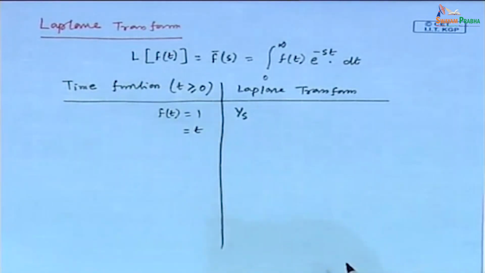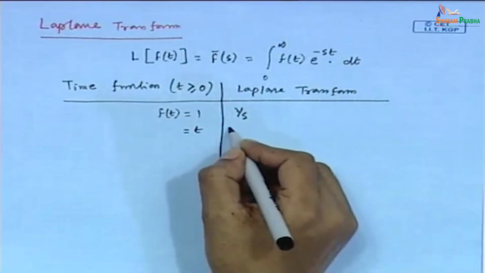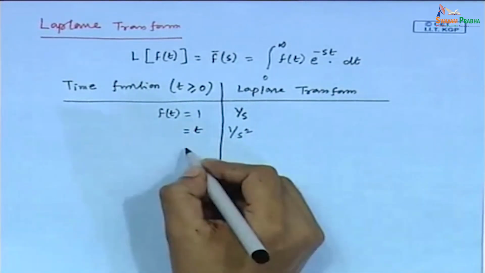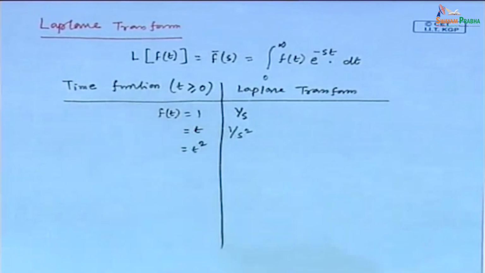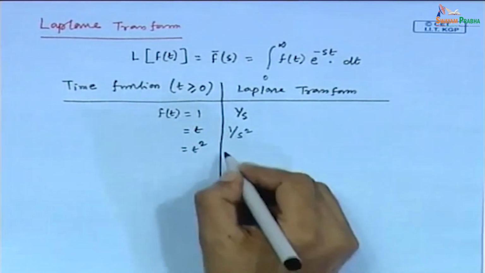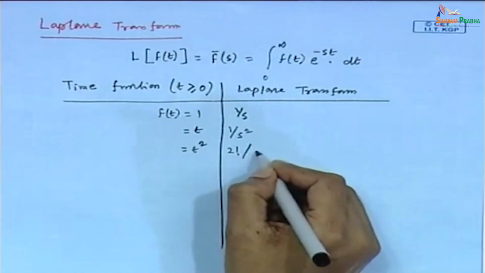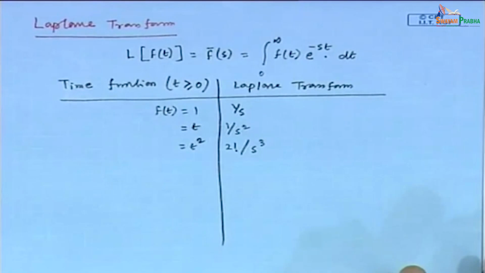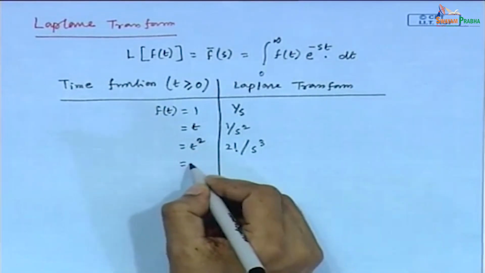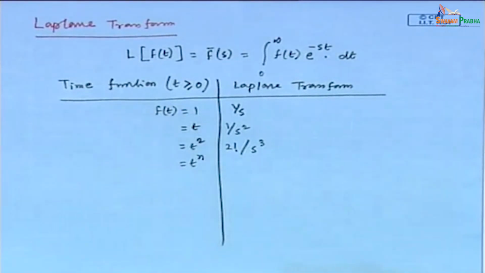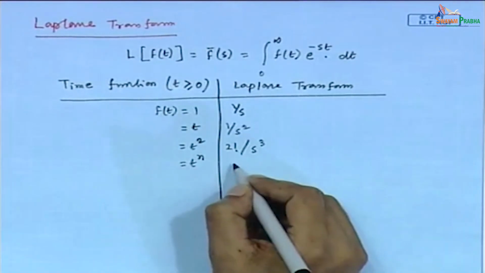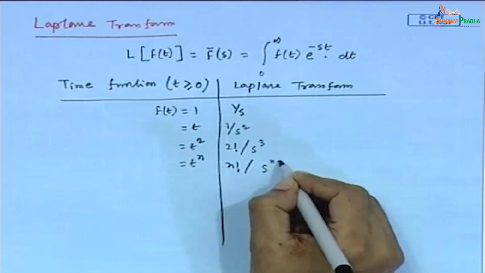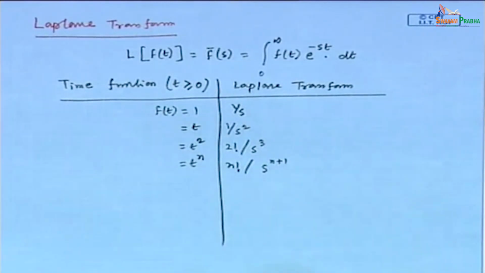Function equal to t, 1 by s square. If this is equal to t square, factorial 2 by s cube. Fine. If this function is t to the power n, then this becomes factorial n divided by s to the power n plus 1.